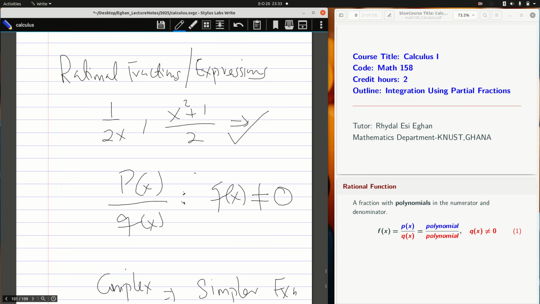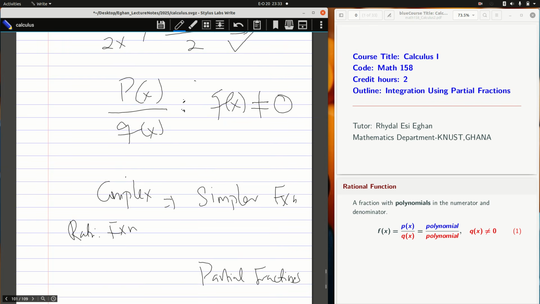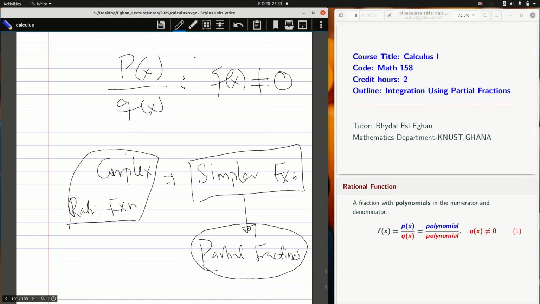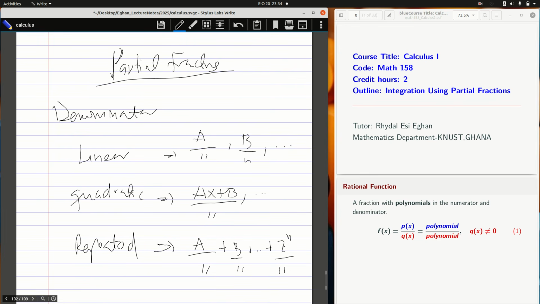So we want to ensure that our denominator is not equal to 0, and that is a rational function. The idea of partial fractions is such that I have a complex rational function, and then I want to break it into simpler functions. These simpler functions are what we term the partial fractions. So let me help you with a quick recap. Mostly we are looking at the denominators, whether it's linear, quadratic, or repeated.